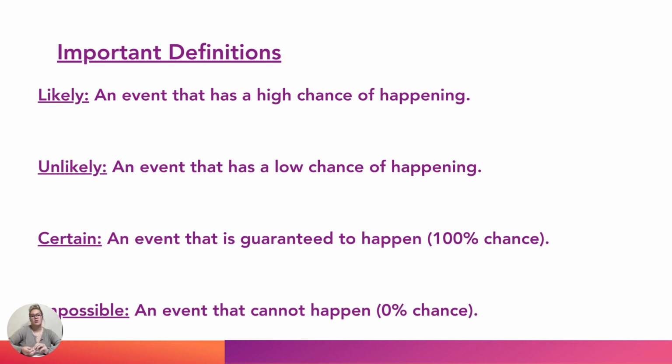So now we're going to move on to a certain event. A certain event is an event that is absolutely 100% guaranteed to happen. So an easy one would be, we're going to roll a dice and it is absolutely certain that we are going to roll a 1 through a 6. I got a 2. That is 1 through 6, because those are the only options.